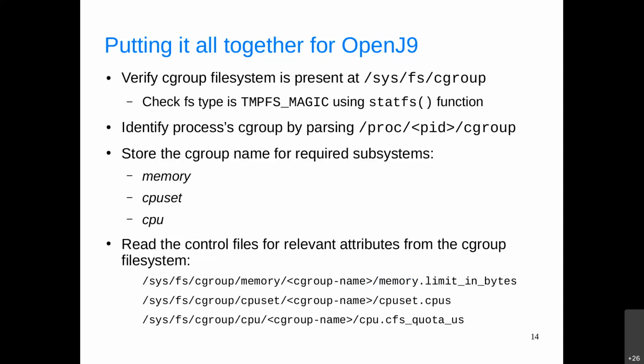And once it has verified that the C group file system is available, the next step is to identify the C groups to which it belongs for the various subsystems that we are interested in, which are memory, CPU set, and the CPU. And once you have obtained the C group name for each of these subsystems, then it can create the path of these control files and read the information about the memory and CPU limits from these control files.